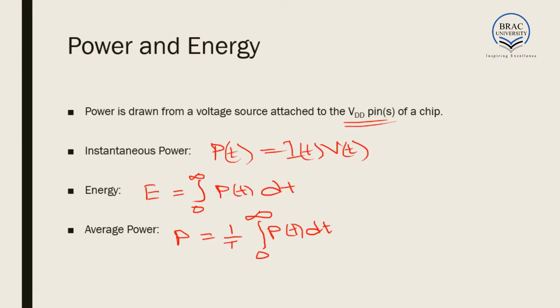It is to be noted that P is basically 1 by T into E, that is E by T. One thing to note: in case of instantaneous power, the power is a function of time, that is, the power changes with time. In case of average power and energy, these are not functions of time, that is, these are considered for one cycle, and they do not have different values at different times.